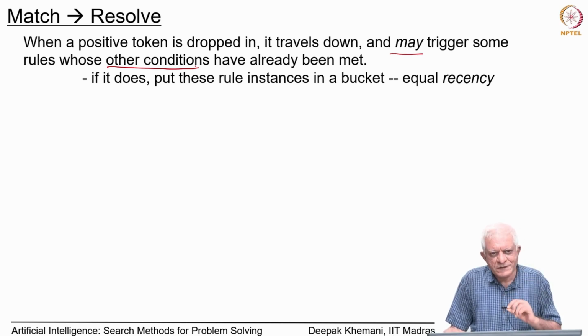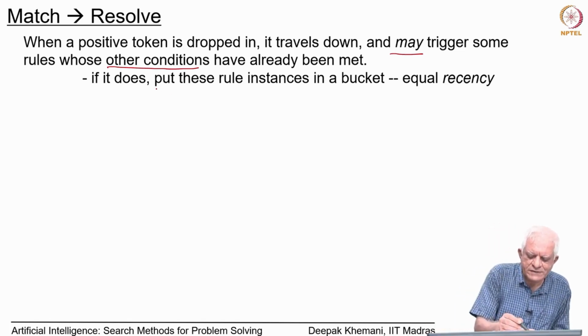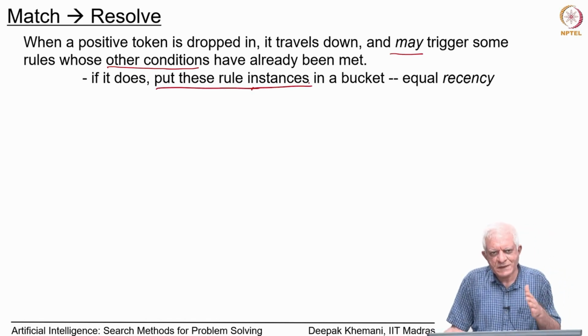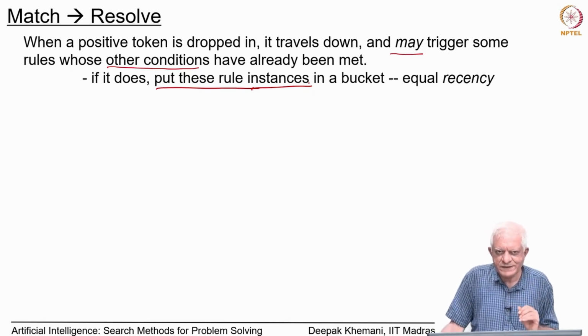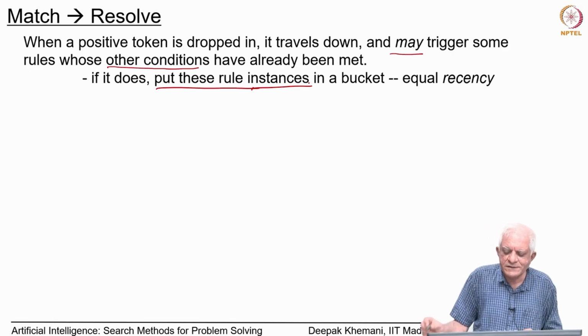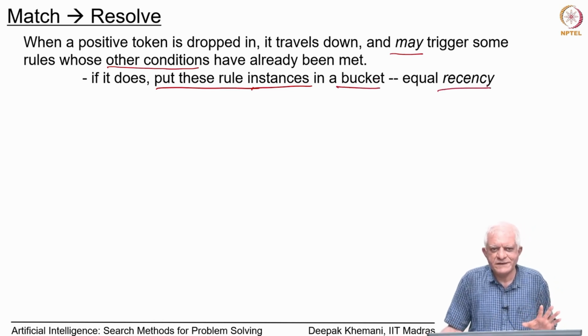When you drop a token and it triggers one rule or more than one rule, we can put all these rule instances in one bucket. Remember that we are always talking about rule instances: rules plus timestamps of the data which is matching. That is the element in the conflict set. We know that all these rules have the same recency.